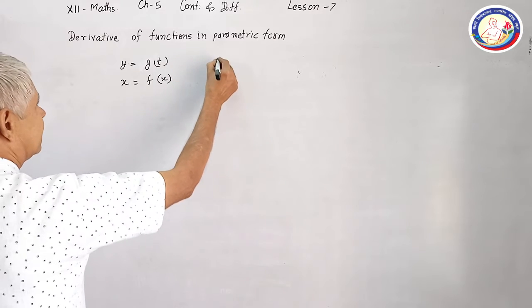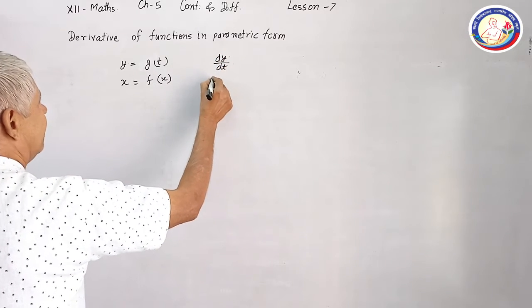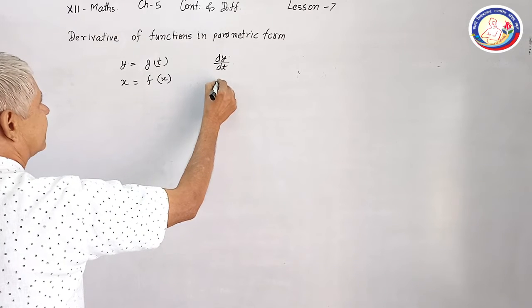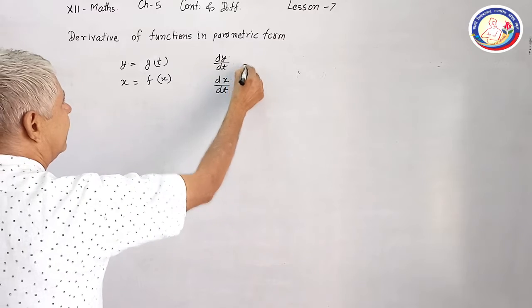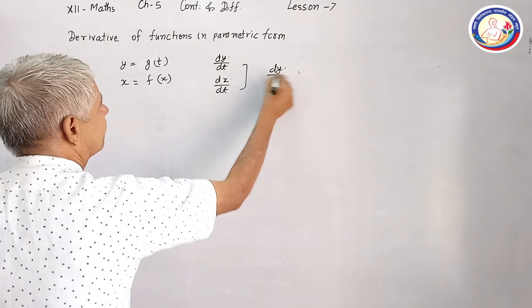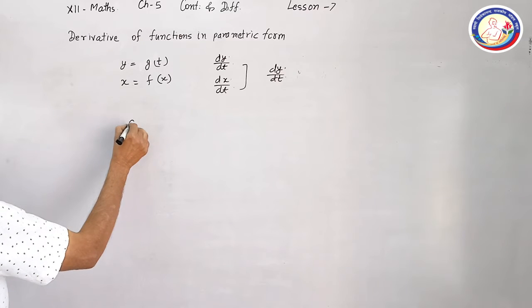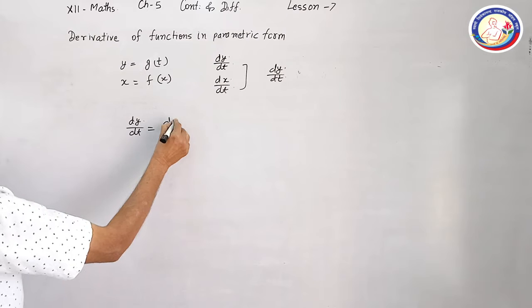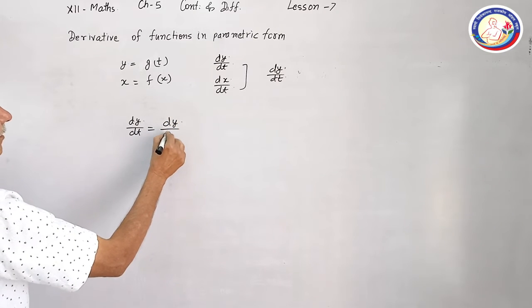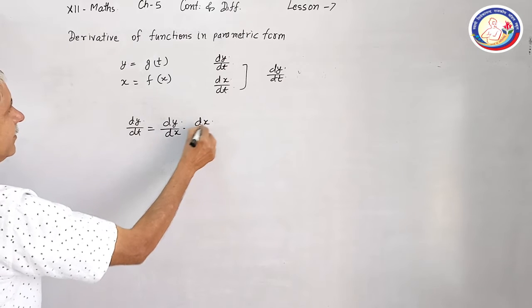So we will find the derivative of y with respect to t, and then the derivative of x with respect to t.